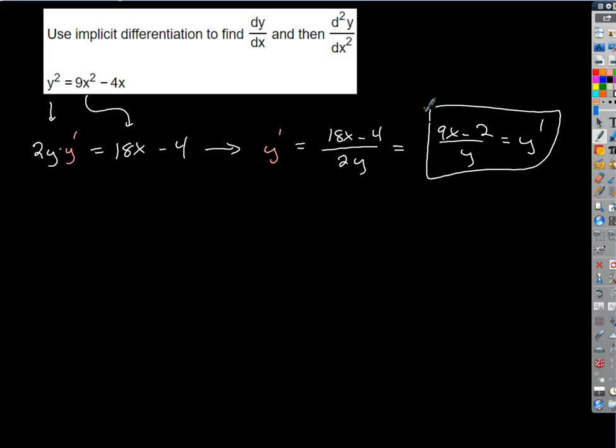Okay, now what? Take it, differentiate, right? Okay, good, and we have a choice. We could either just differentiate here if we want to, or we could go up here and maybe cancel a 2 out of this and just make this y prime equals 9x minus 2, and then differentiate from there implicitly.